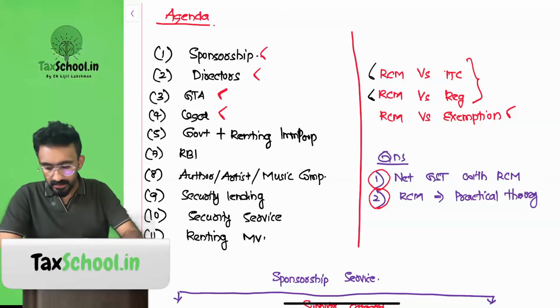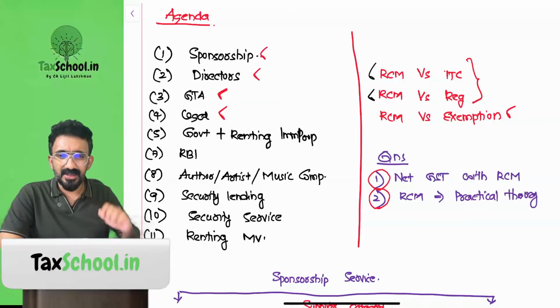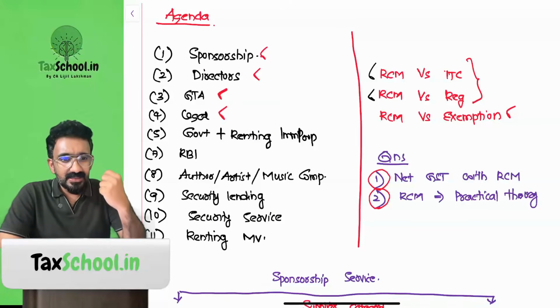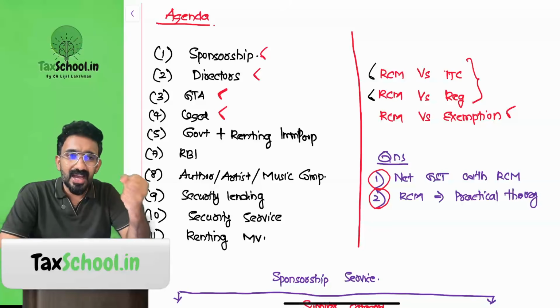A lot of students try to skip this particular area because they find the discussion a little longer. But in the chartered accountancy or cost accounting examination, you should understand that you should not have half-baked understanding of any area.